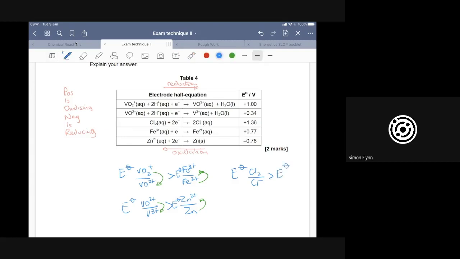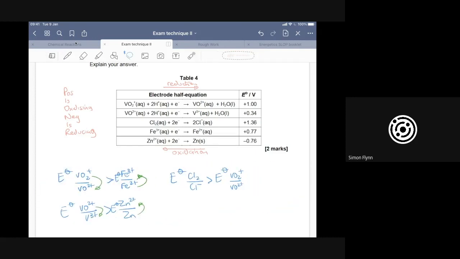In any reaction like this, I've got to move it along a second, you can see it wouldn't reduce, because the way it would go is like that, and that is not reducing the VO2 plus. So does that make sense-ish?